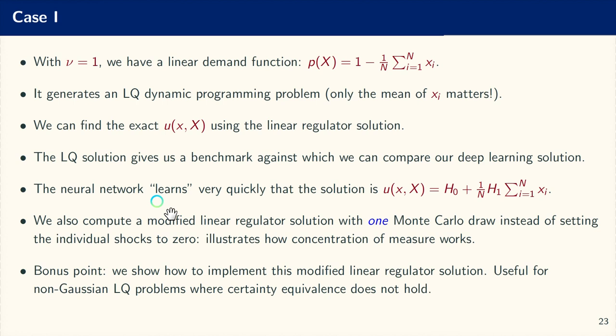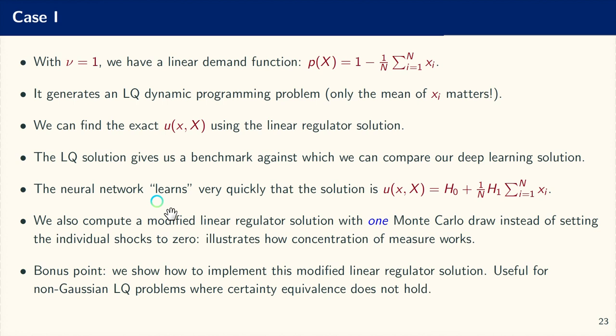But before doing that, I also want to tell you how I check that concentration of measure, that is the role of n, allowing me to get rid of having to compute these very complicated expectations by just doing one draw from the Monte Carlo, is going to work. And for that, I'm going to compute a modified linear regulator solution with one Monte Carlo draw instead of setting the individual shocks to 0.